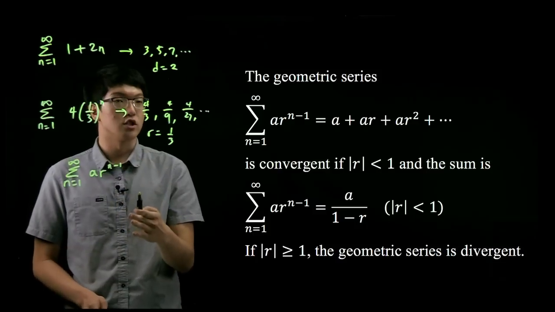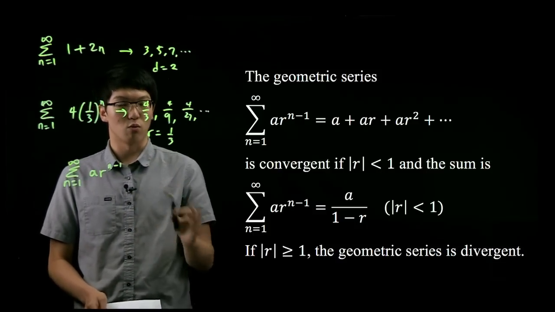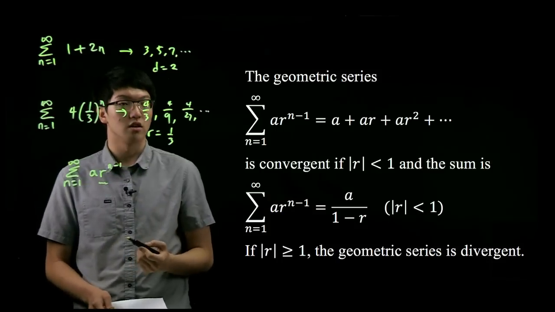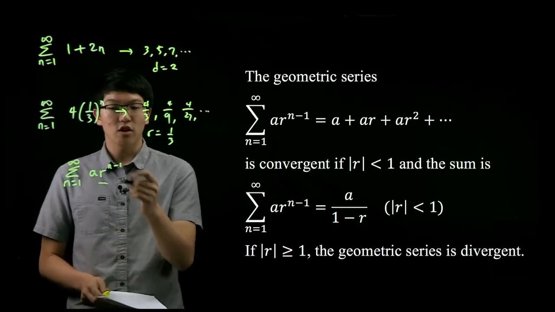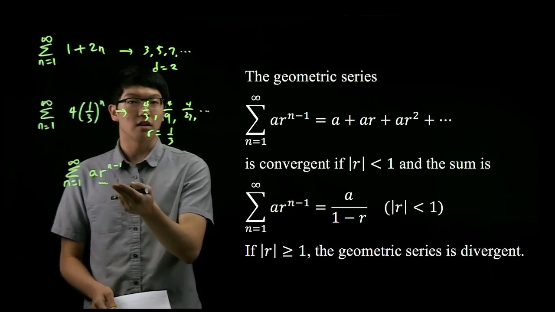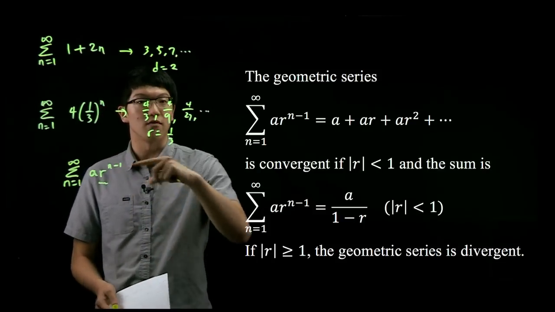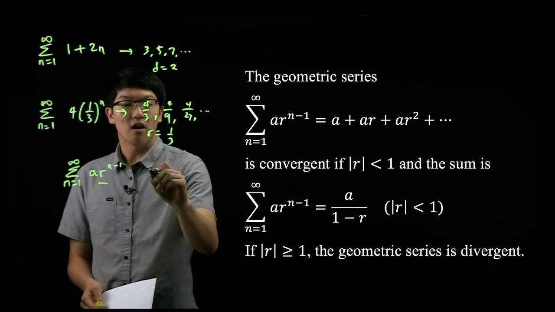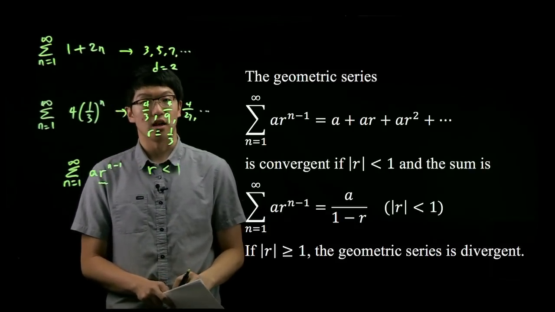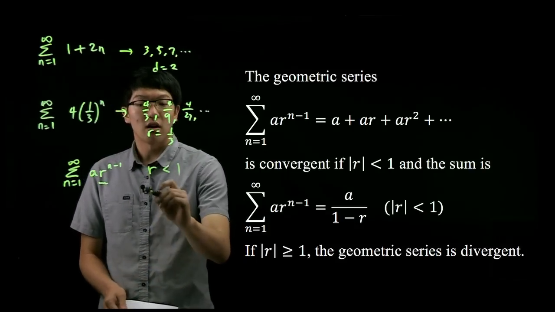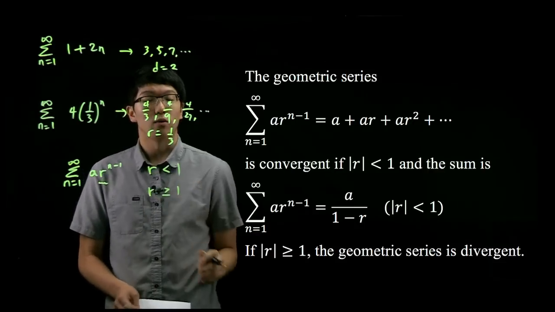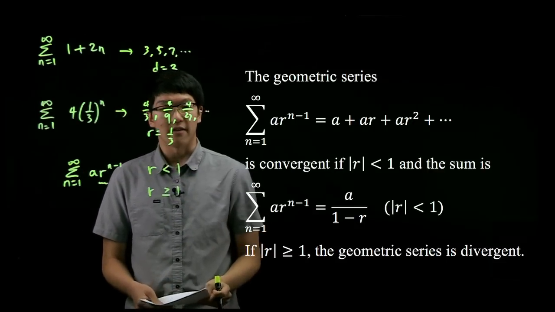They're both considered to be geometric series, so don't worry too much about that as long as we have this common ratio r. And we are particularly interested in what r is because this r is going to tell us the difference between convergence and divergence. When r is less than 1, we're going to say the geometric series is convergent. And when r is greater than or equal to 1, then we're going to say the geometric series is divergent.